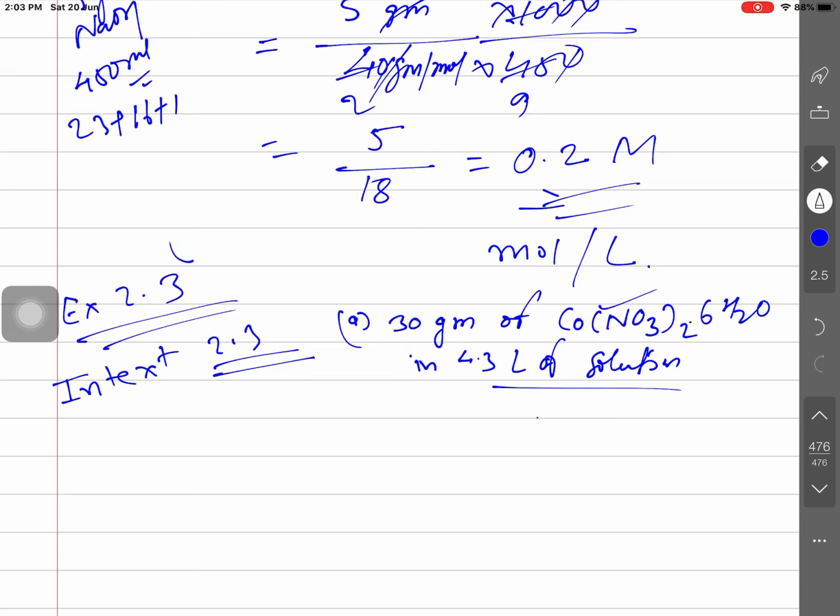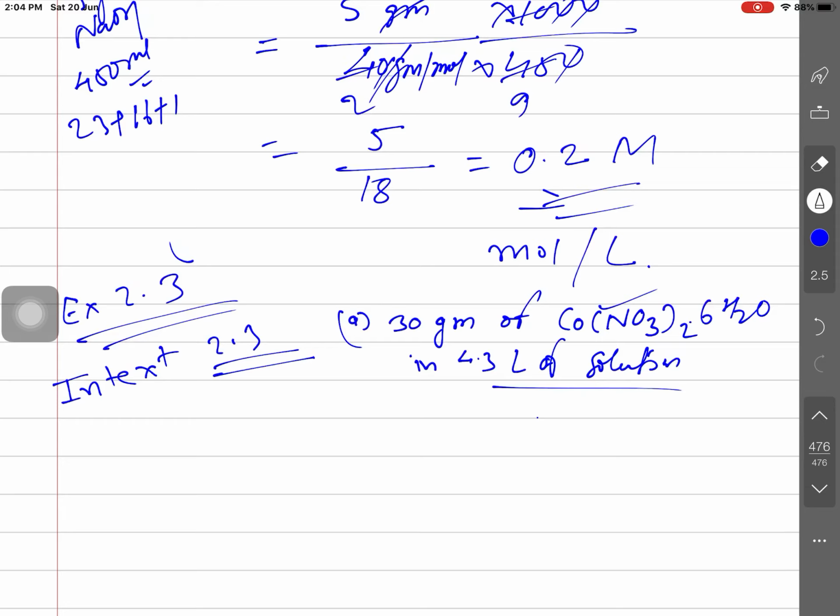Again in the same situation, here cobalt, nitrogen, oxygen, adding their molecular masses. What is the molecular mass of cobalt? What is the molecular mass of nitrogen? And of H2O?